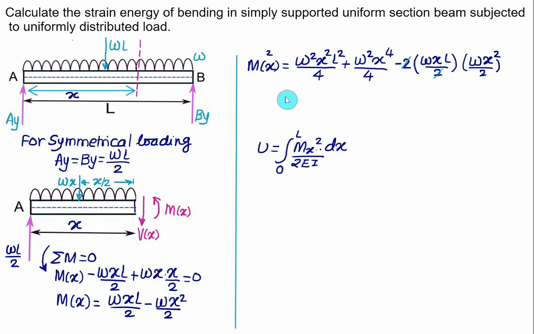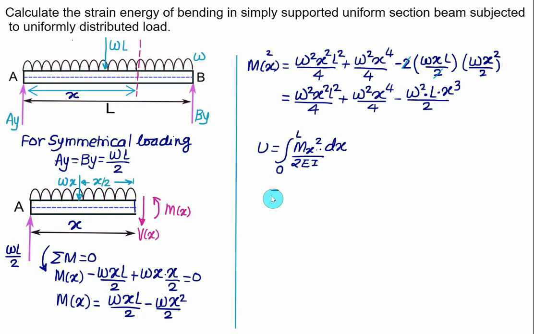So mx square will be equal to W square x square L square divided by 4, plus W square x to the power 4 divided by 4, minus W into W, that is W square into L into x cube, divided by 2. So W square can be taken common here. 2 times EI is also a constant value.